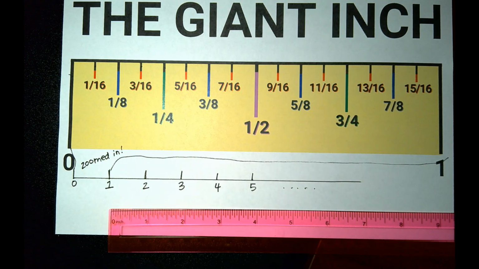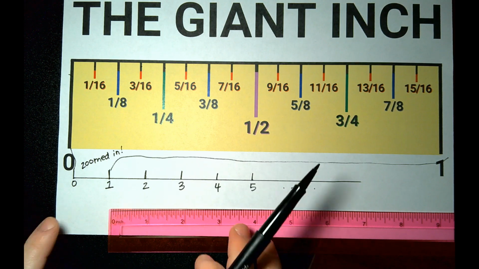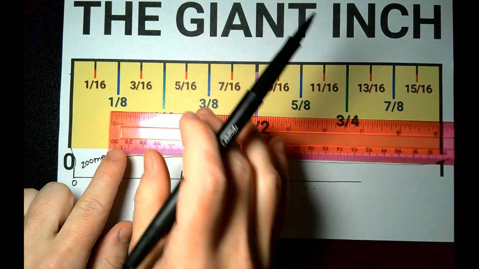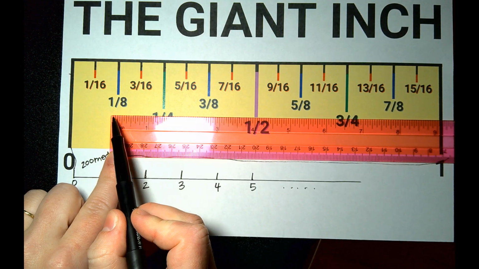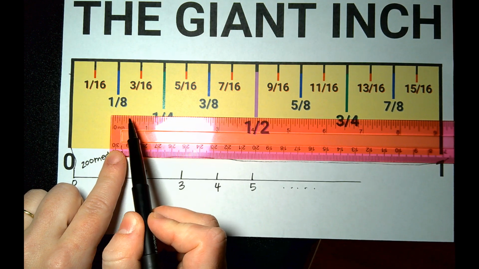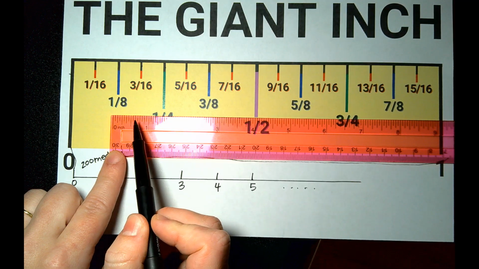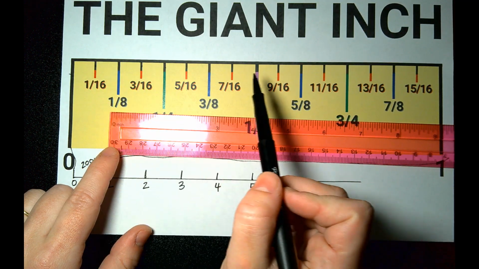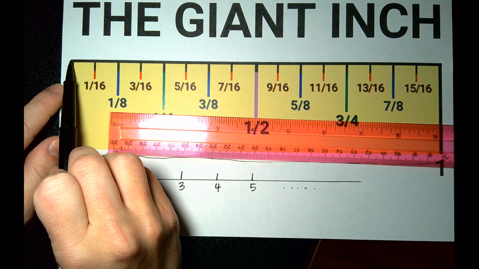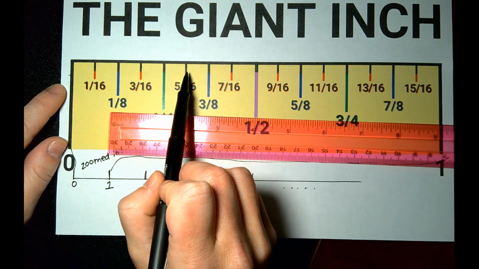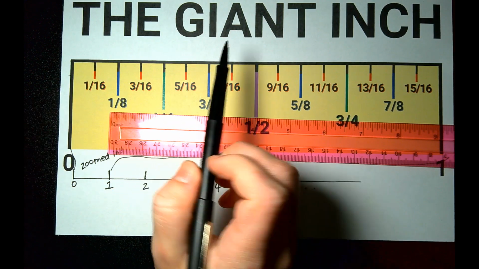We look in terms of 16ths of an inch. There are 16 little marks in between each inch. So if I were to measure something that was 5 little marks past the first mark here, past 0, I could look at my giant inch page and say, well, I went 5 spaces, 1, 2, 3, 4, 5. It's 5/16 of an inch.